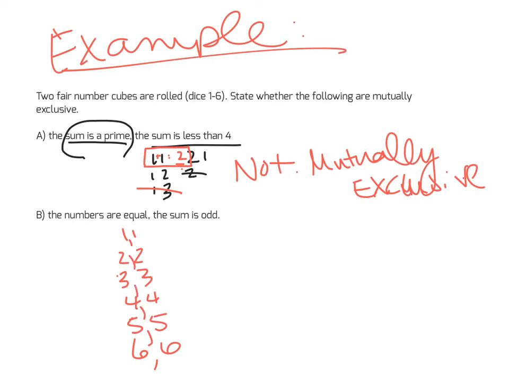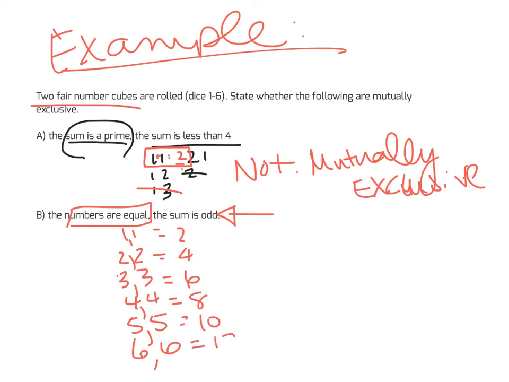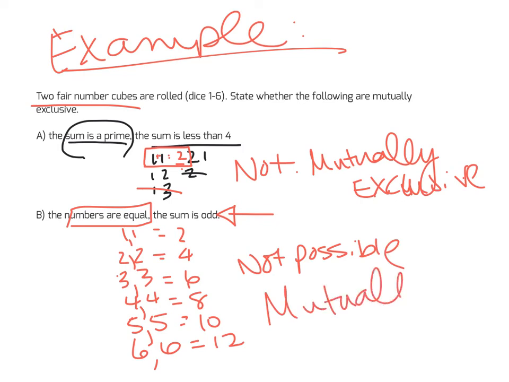We didn't even need to do the sample space though, because if the numbers are equal and there's 2 die, then everything's getting doubled, which means it can't be odd, because if they're all doubles, they're all going to be multiples of 2, which means they're all even. So it's not possible to have both of these, which means they are mutually exclusive events.